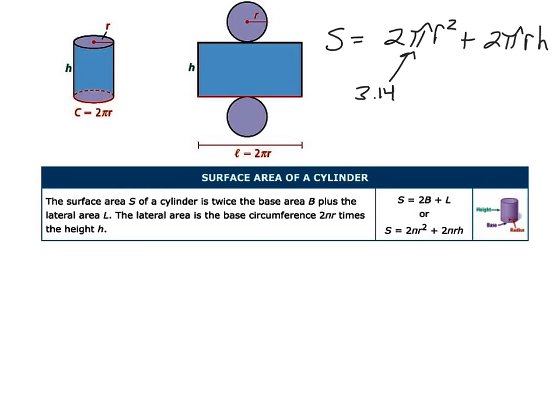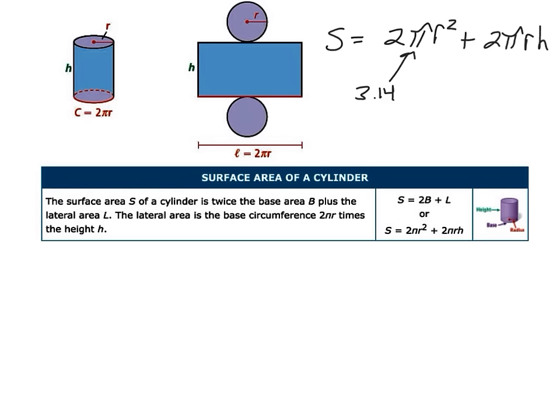To find the surface area of a cylinder, it's a little different because pi is involved. We have to find the area of the two circular faces of the cylinder, and then find the lateral area of the part in between those two faces. So remember, to find the area of a circle, you do pi r squared.